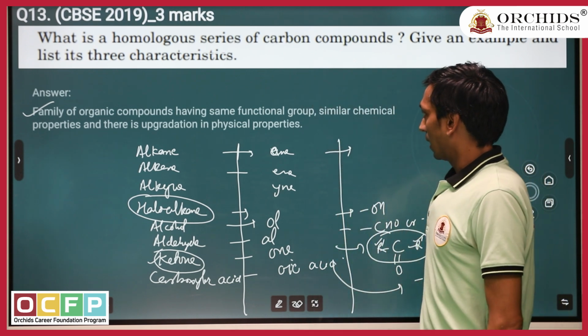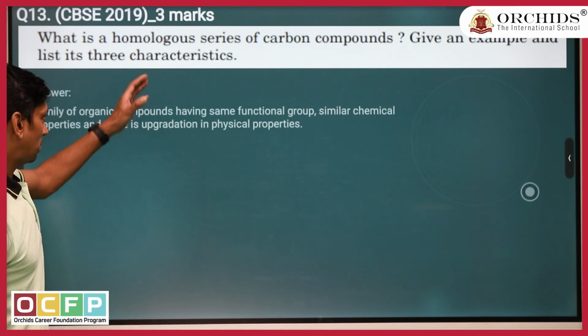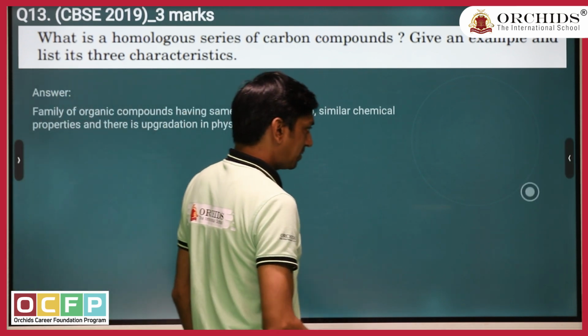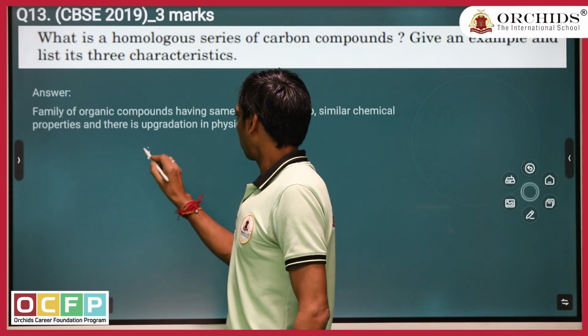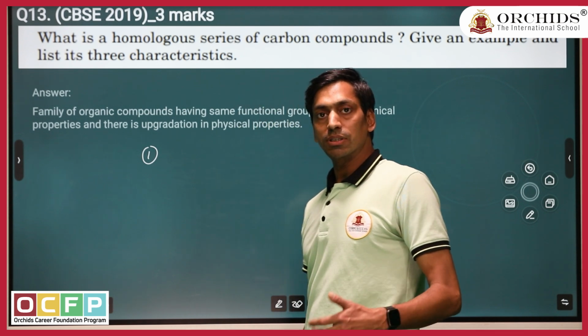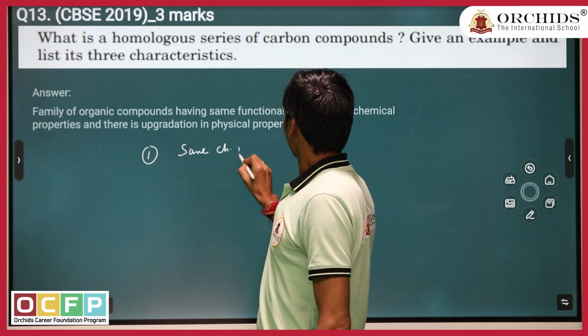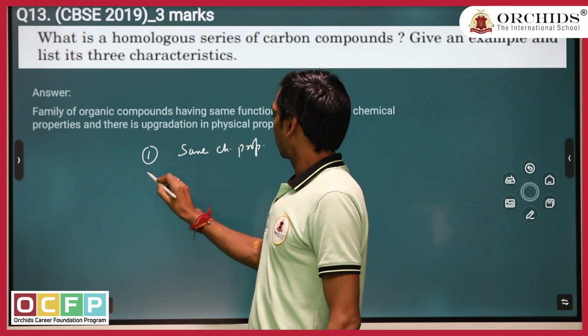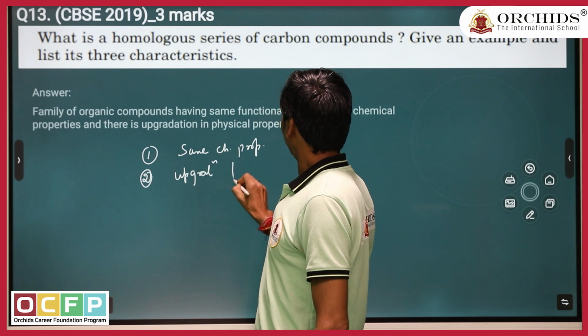Next, what are the characteristics of a homologous series? The compounds have the same functional group. First, they have the same chemical properties. Second, there is a gradation in the physical properties.